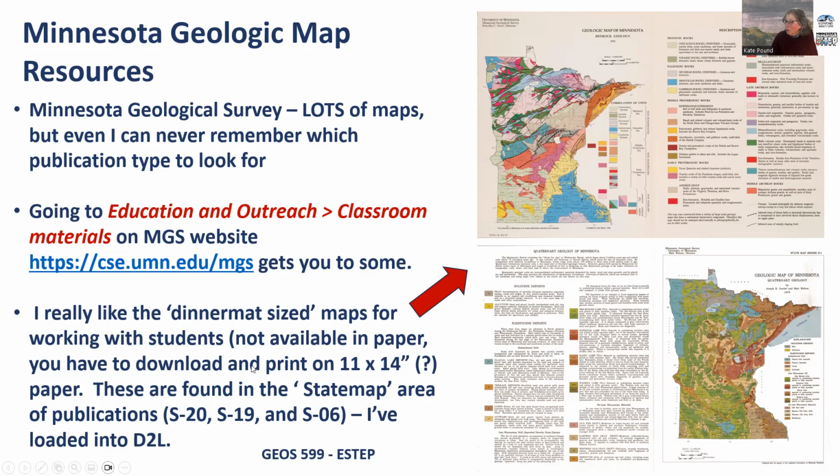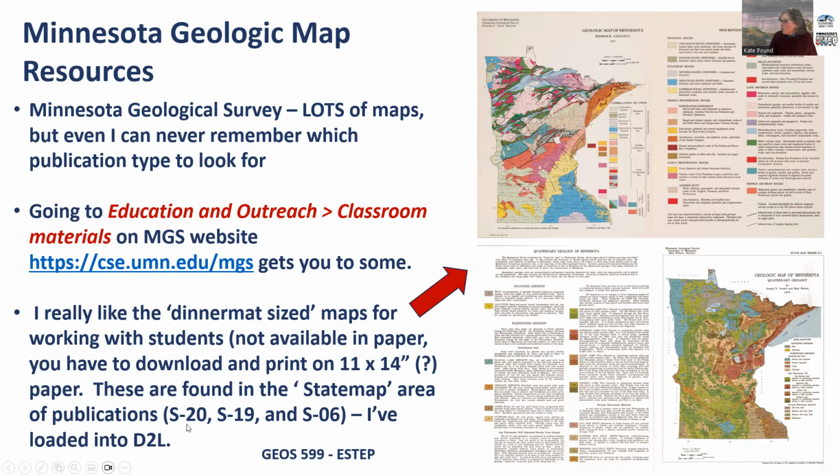You have to download and print them, and I'm not sure whether it's on 11 by 14 or maybe slightly larger paper. Where do you find these two maps? They're in the state map area of publications. The number of the map is way up in the top right-hand corner. They are filed under state map if you go to the list of publications.